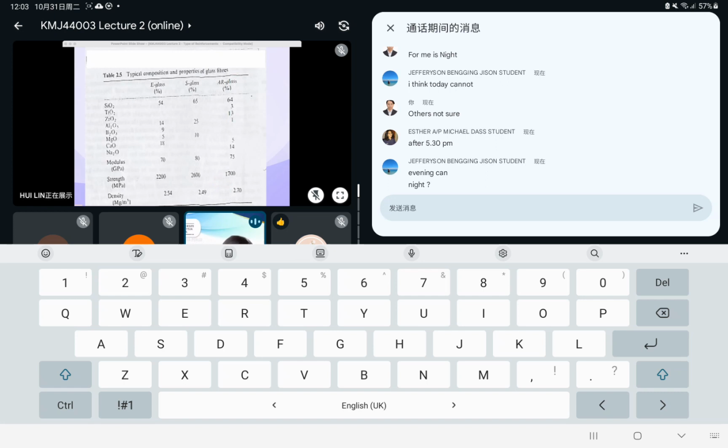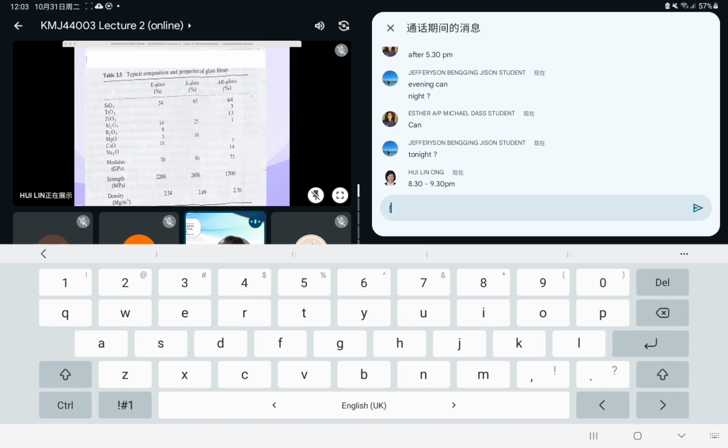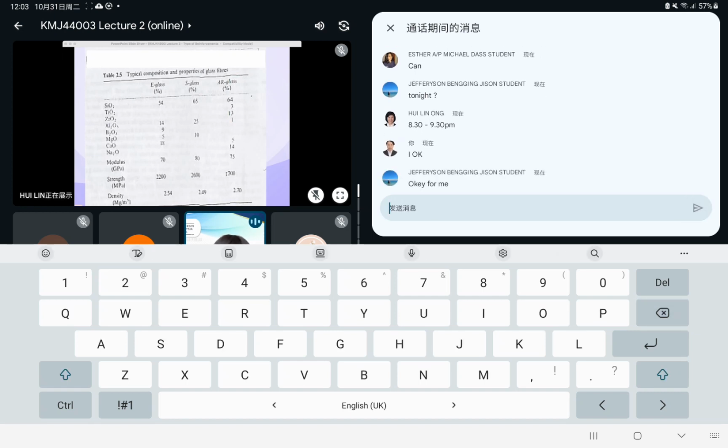How about 8:30 to 9:30? One hour, 8:30 to 9:30. Okay or not? Is everyone okay? How about the Malay students? Okay.